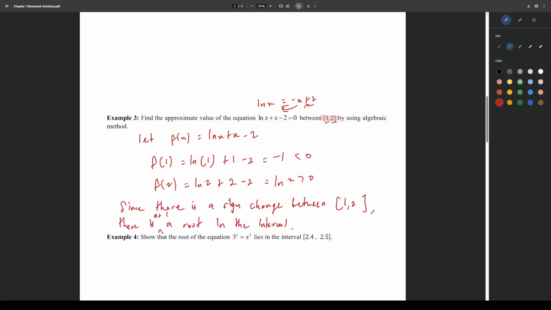Kadang-kadang ada dua. Dia boleh jadi more than one roots lah. Contoh lah kan. Contoh apa yang senang lah. y equals to x squared minus 1. Contoh lah. Okay, so function macam ni kan.